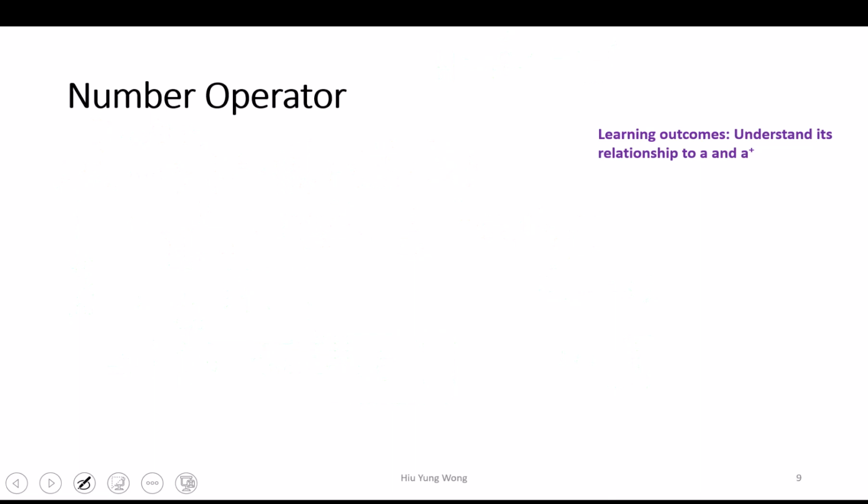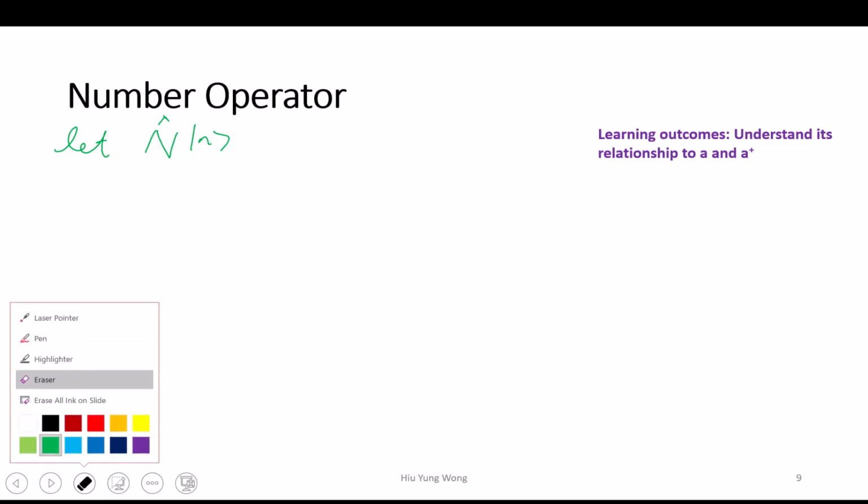So let's continue to understand the meaning of the number operator. Why do we call it number operator? Since we already call it number operator, we assume this operator must have some eigenstate, and we call it n.